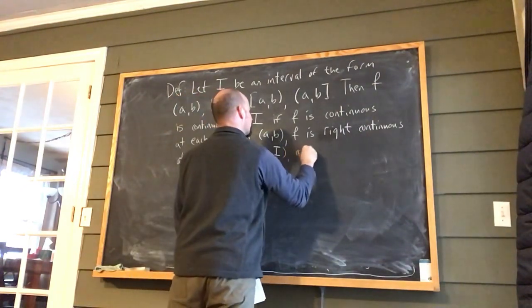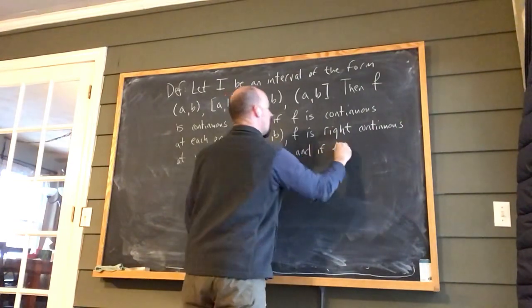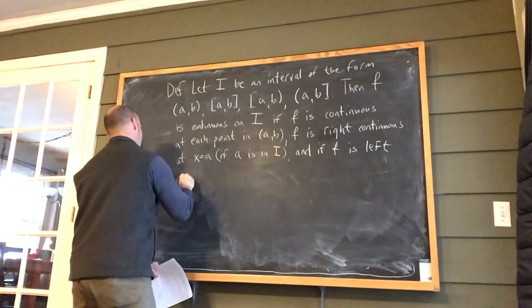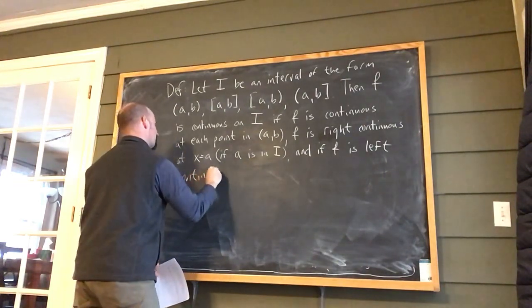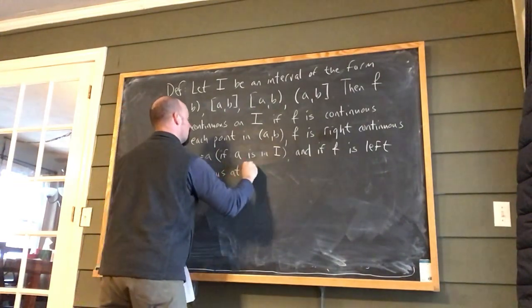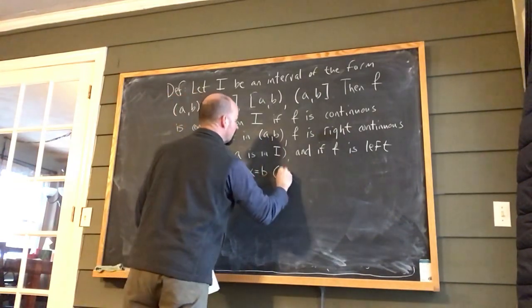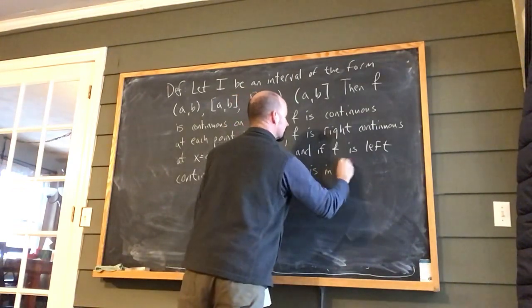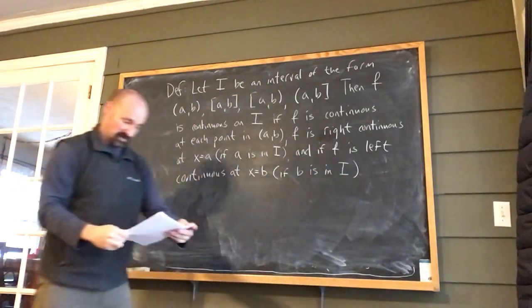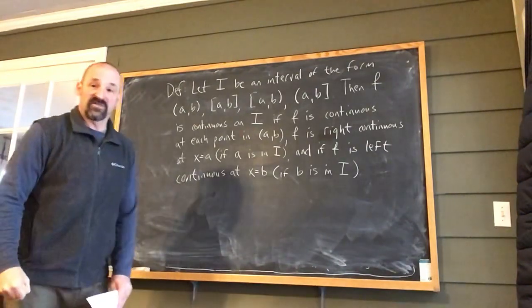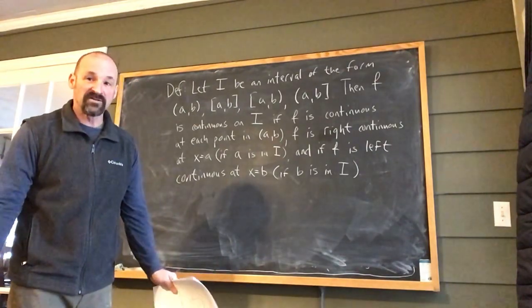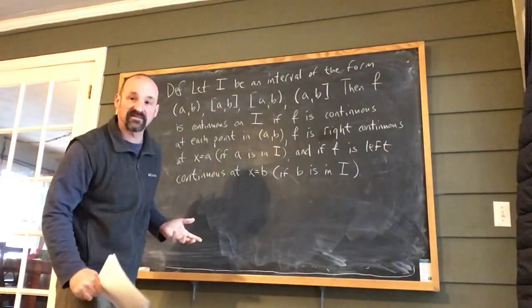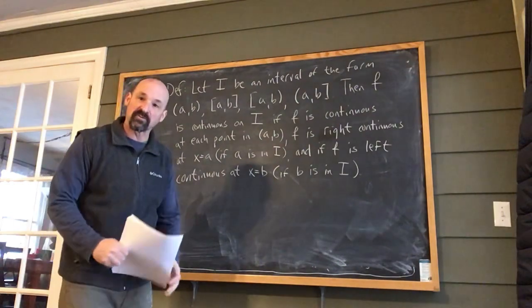And if f is left continuous at x equal b if b is in the interval. So what it's saying, to be continuous on an interval, you've got to be continuous at every point in that interval. Now, if we're talking about the endpoints, you're either going to be left continuous or right continuous there.